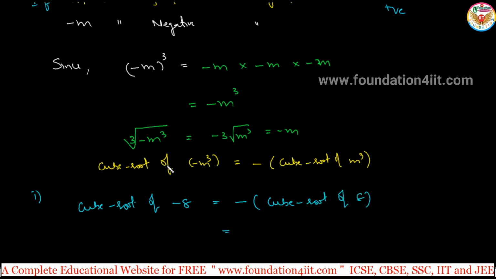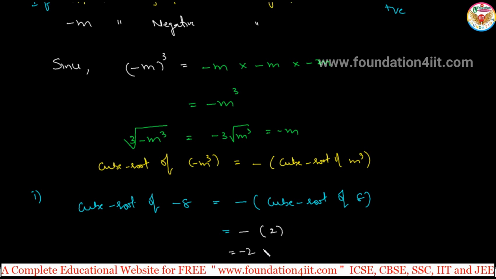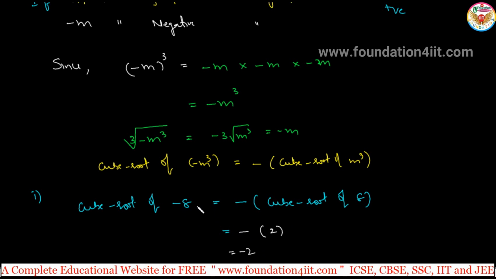The cube root of minus means you just keep the minus in front. So the cube root of minus 8 is minus the cube root of 8. We know the cube root of 8 is 2, so the answer is minus 2. Simple. If it is a negative number, its cube will be negative, so the cube root also will be negative.